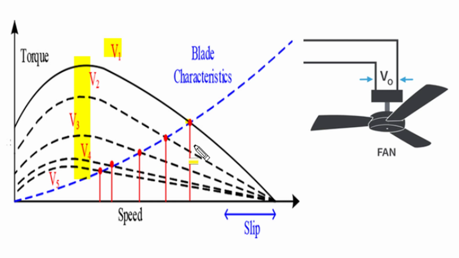So the torque required by the fan blade and the torque produced by the fan motor both reduce to a new operating condition which has a smaller speed. Similarly, further reduction in voltage from V2 to V3 or V4 or V5 results in a reduction in required load torque as well as a reduction in operating speed, and we can have a considerable reduction in operating speed of the ceiling fan by reduction in applied voltage.